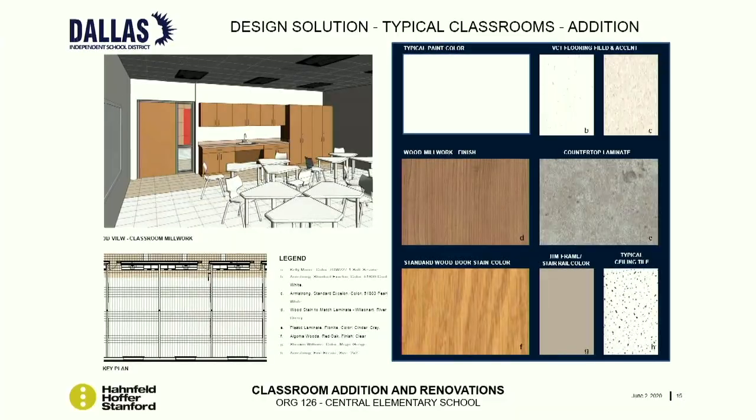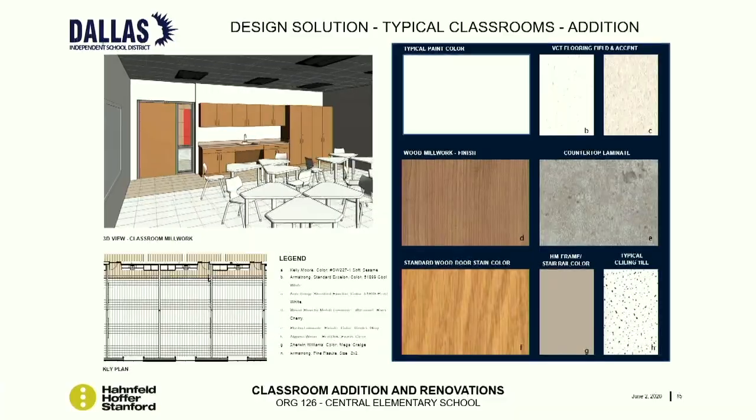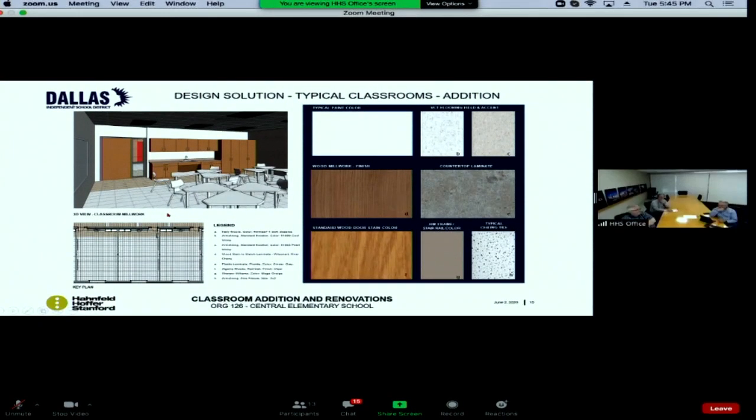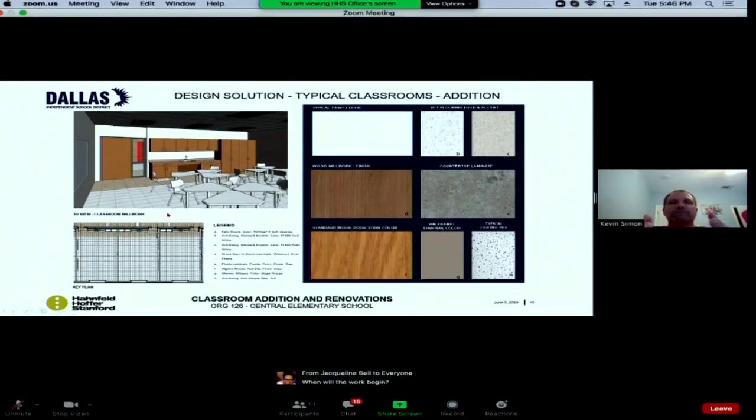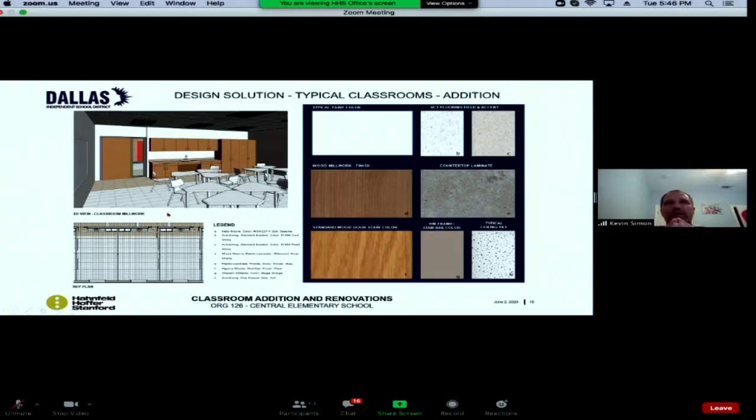The first question we got is a little off topic, but when will the school be completed? This is Kevin Simon, and I'm the project manager for the bond office. The project's scheduled to be completed in August of 21, so a little over a year from now.